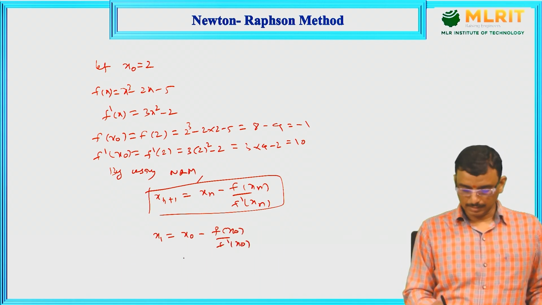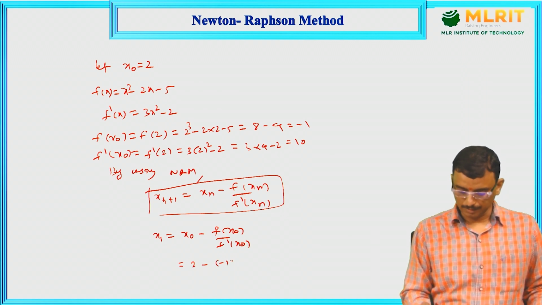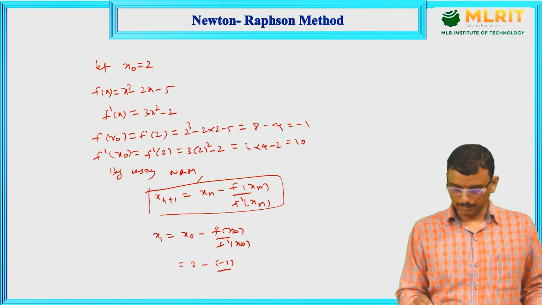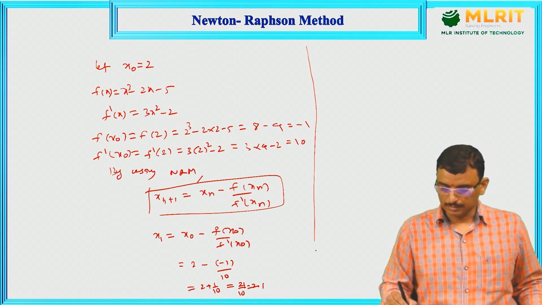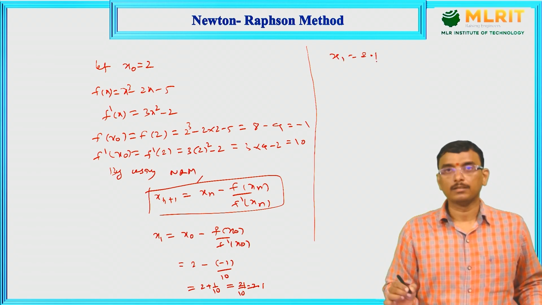So x naught is equal to 2 minus, f of x naught value is minus 1, divided by f dash of x naught, whose value is 10. So this is 2 plus 1 by 10. This is 21 by 10, 2.1. So we got x1 is equal to 2.1.